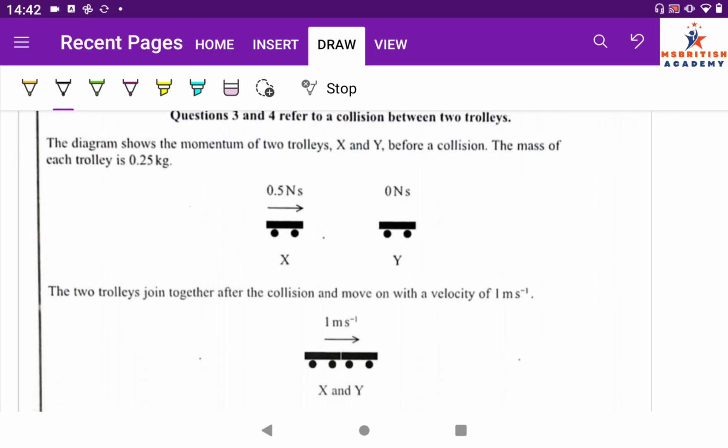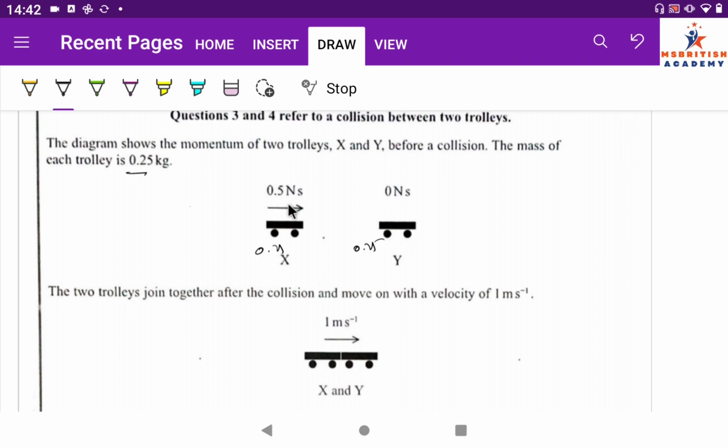Now questions 3 and 4 refer to a collision between two trolleys. The diagram shows the momentum of two trolleys X and Y before a collision. The mass of each trolley is this. So the mass of trolley X is 0.25 and this one is also 0.25.